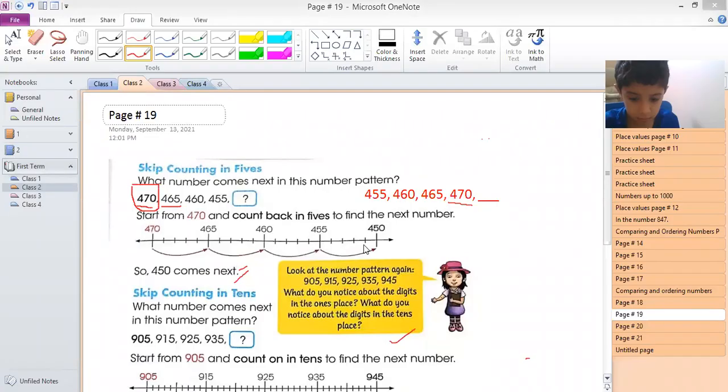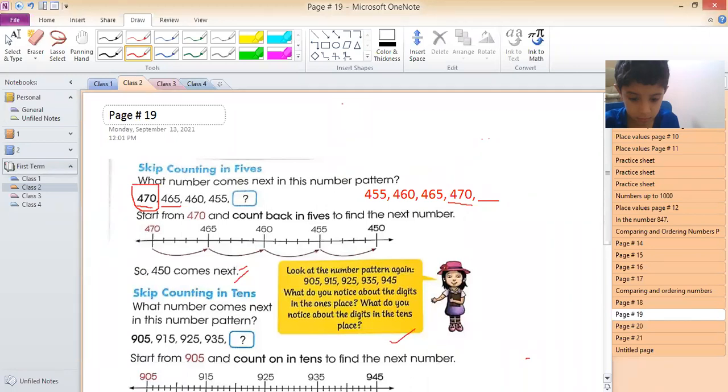Exactly, guys. 470 is bigger than 465. So, guys, I told you, when the series is arranged from largest to smallest, we are actually counting back. Look here. I will check the number before 470.